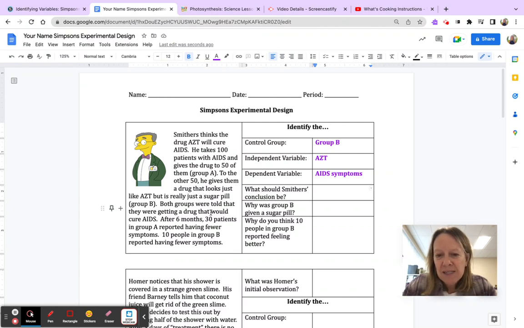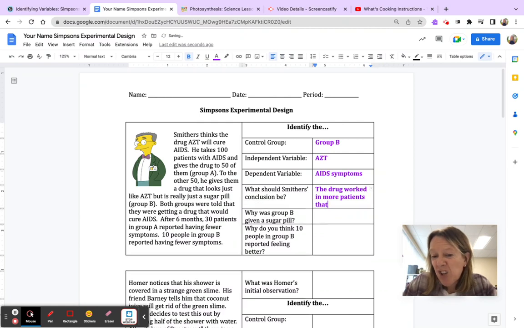So we can say the drug worked in more patients. Or whatever you want to say, but it seemed to work. It's not perfect, but it seemed to work. Again, there's ways in science where we can make conclusions, but we're not getting into that.